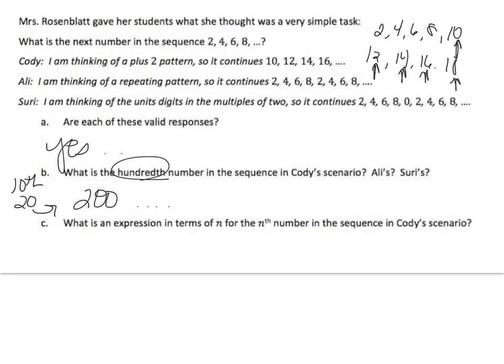Allie, we've got 1, 2, 3, 4, 5, 6, 7, 8, 9, 10. So wait, 1, 2, 3, 4, 5, 6, 7, 8, 9, 10, 11, 12, 13, 14, 15, 16, 17, 18, 19, 20. So it's this one repeated over and over again.